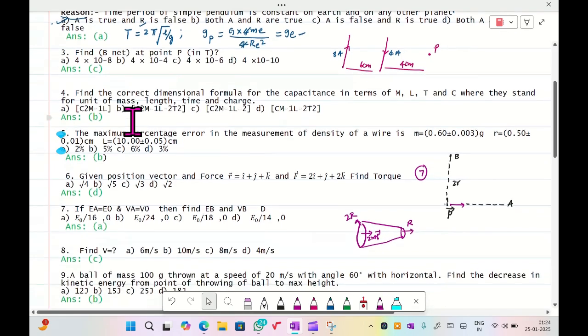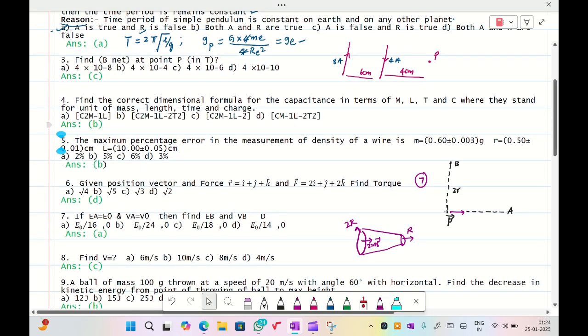Now coming to find the B net at point P. So these are infinite conductors. That is not given here, but we have to take infinite conductors. And P from the conductor, 4 amperes current is flowing in one direction, 8 amperes in the opposite direction.